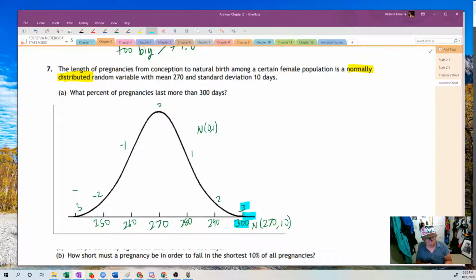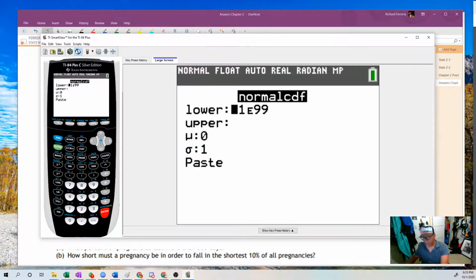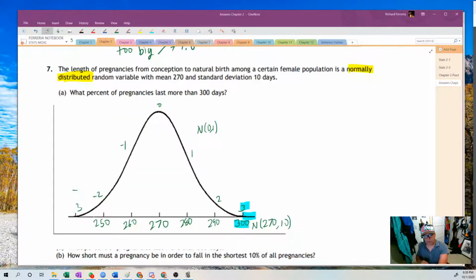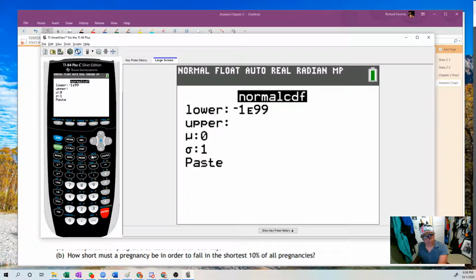I'm going to look at the normal calculator with my TI-84. The first thing I'm going to do is calculate the area using z-scores. If you remember from our curve here, the left side of our shaded region has a z-score of 3, so we'll put a 3 here for our lower. Since the z-curve goes on infinitely, we can put a really large number here.